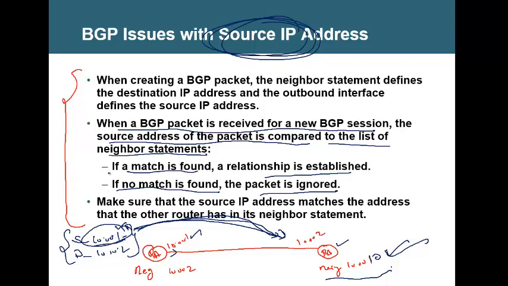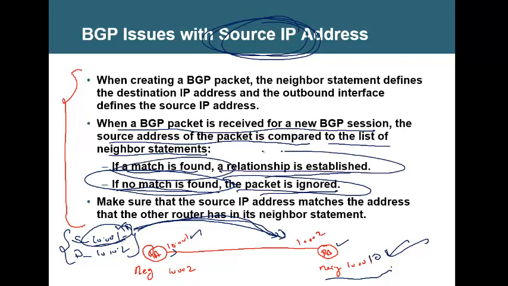If a match is not seen, the packet is ignored. If a match is found, the relationship is established. So, we need to make sure that the source IP address matches the address that the other router has in its neighbor statement, meaning you need to make sure this is not 10, this should be 1. You need to make sure the source address of the incoming packet is seen in the neighbor statement.